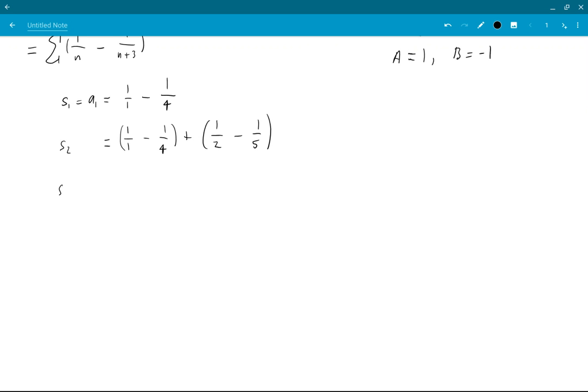And S3 is first term plus second term plus third term. So n is 3. And n plus 3 is 6.